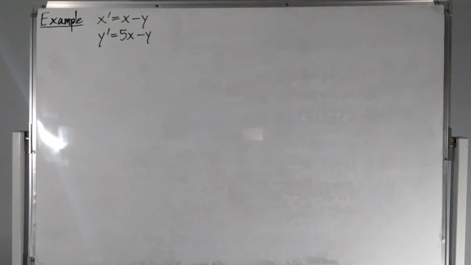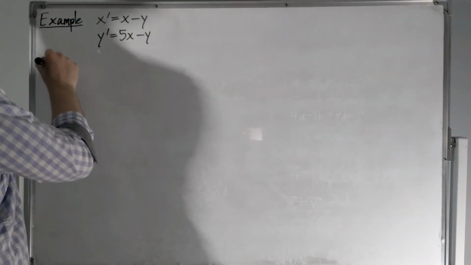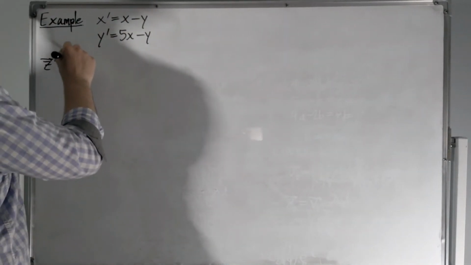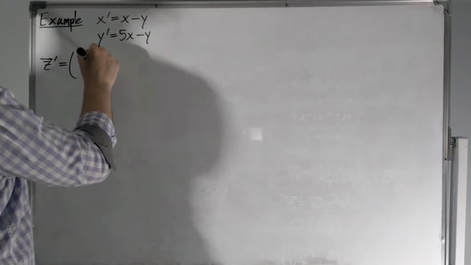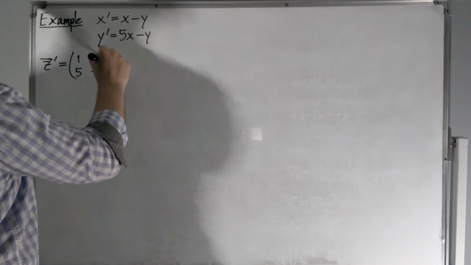We're going to try to find the general solution. So, as usual, we can convert this to a matrix equation. Z vector prime equals the matrix (1, negative 1; 5, negative 1) times z vector.